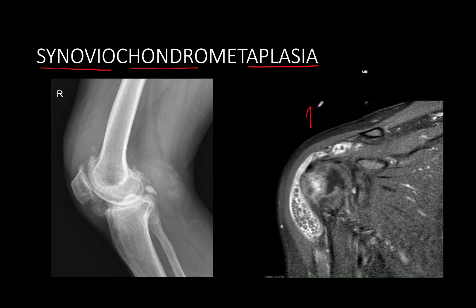And primary is really more represented here in this coronal perspective of the glenohumeral articulation and a patient who has just innumerable small loose bodies floating in this articulation. Secondary synovial chondrometaplasia is typically seen in osteoarthritis, where a patient has loss of joint space, chondral fissuring, little pieces of cartilage break off the articular surface.